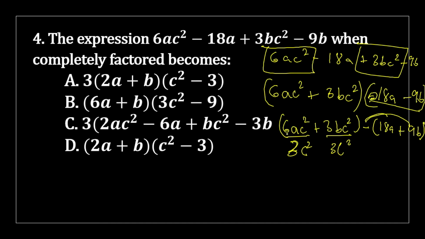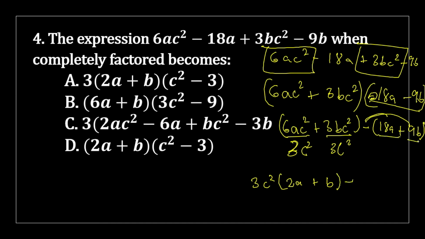Now let's divide this. 6 divided by 3 is 2, copy a. Then c becomes 1, plus 3 divided by 3 is 1, no need for us to write that. Then b. Then c squared divided by c squared is 1, so no need to write that.